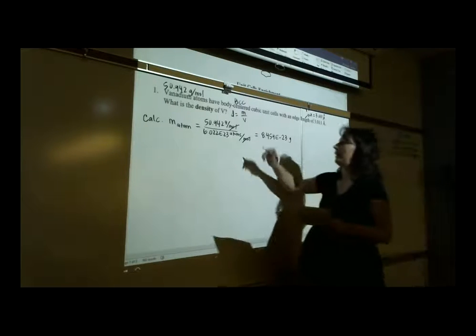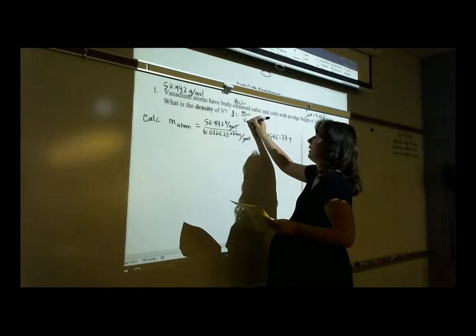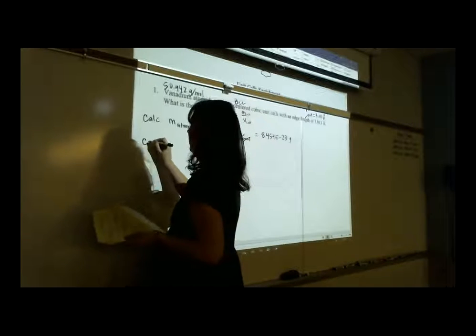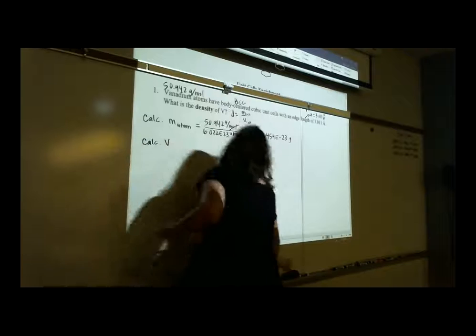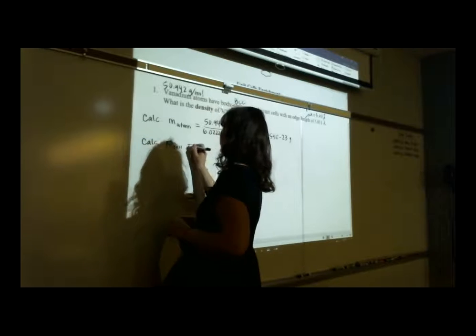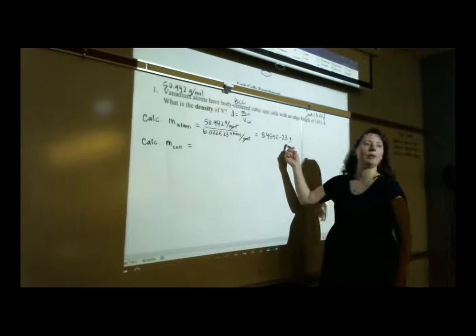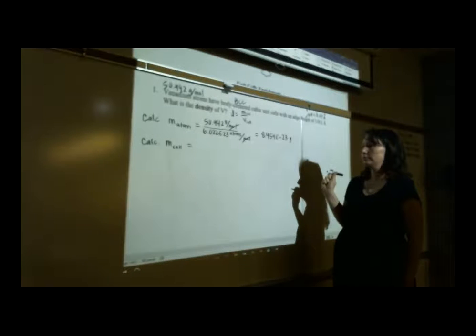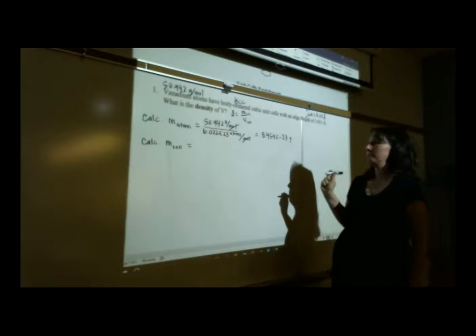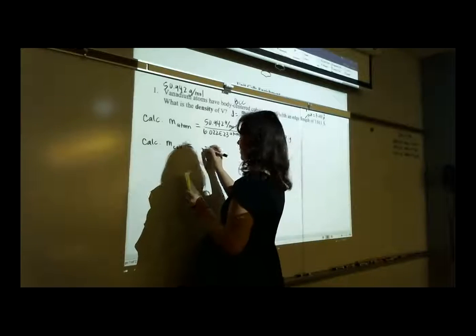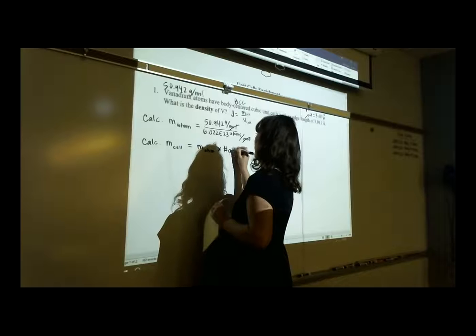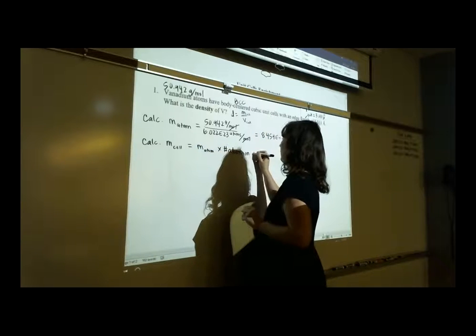But we don't want the mass of an atom, we want M cell, right? Divided by V cell. So how will we get the mass of a cell? Not V yet, we're not there yet. M cell. If this is the mass of one atom, how do we get the mass of the entire cell? We're going to have to multiply by something. What are we going to multiply by? We're multiplying by 2. Right. Why? Because it's the mass of the atom times the number of atoms in the cell.